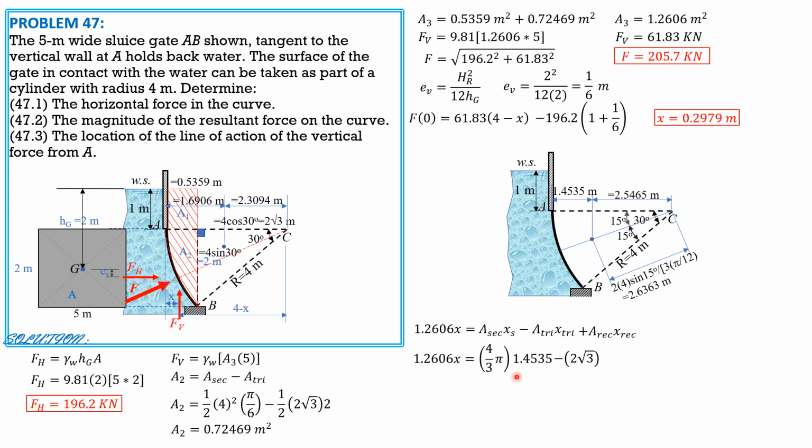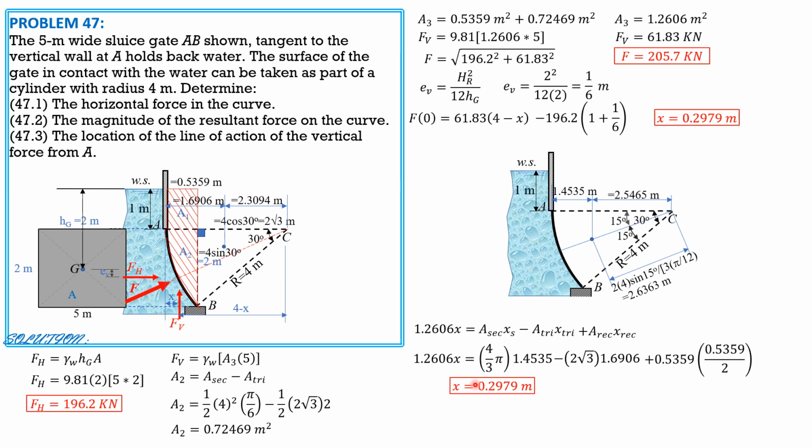So 1.2606x is equal to 4/3 pi times 1.4535 minus area of triangle 2 square root of 3 times x of triangle 1.6906, then plus area 1 or area of this rectangle 0.5359, and its distance, the distance of the centroid from A, is 0.5359 over 2, as shown. So from there we can solve for x.